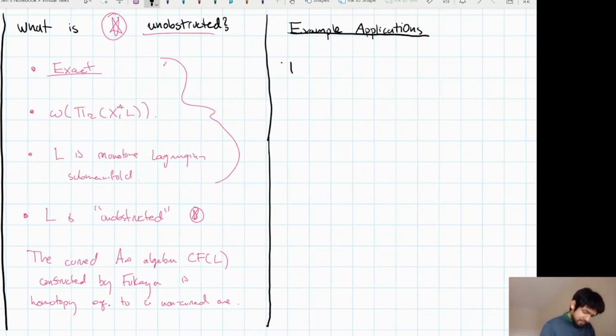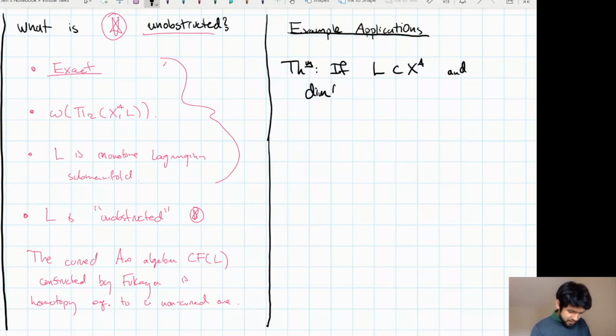Okay, so theorem. If L is inside of XA and the real dimension of XA is less than or equal to 4, then L is unobstructed. This is a theorem that comes from symplectic geometry in general.